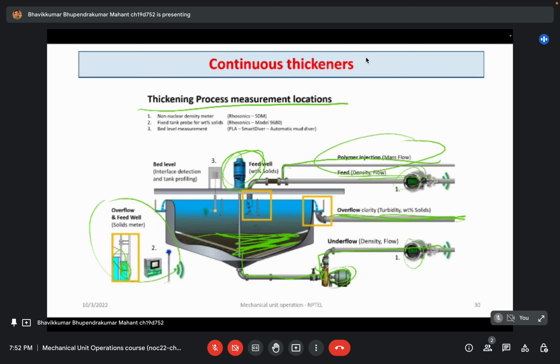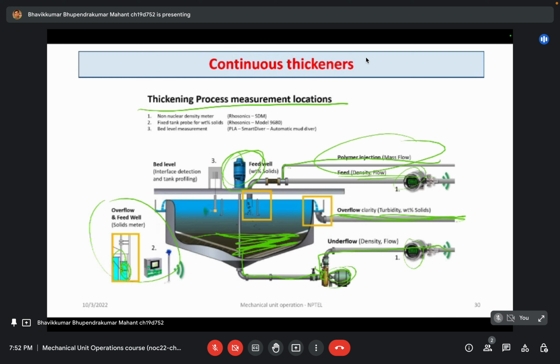Classification-based examples will most probably be in your exams. For clarifiers, the batch sedimentation process and the continuous sedimentation process are the same, only the operation is different.